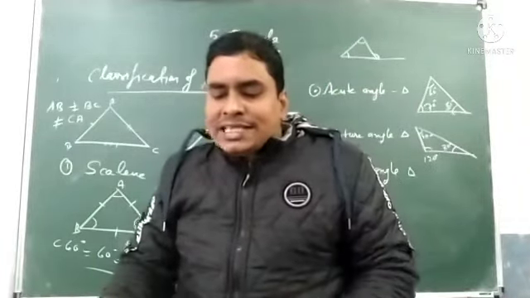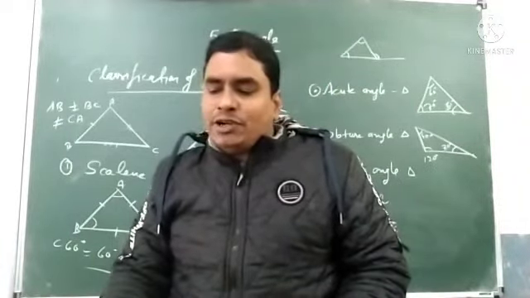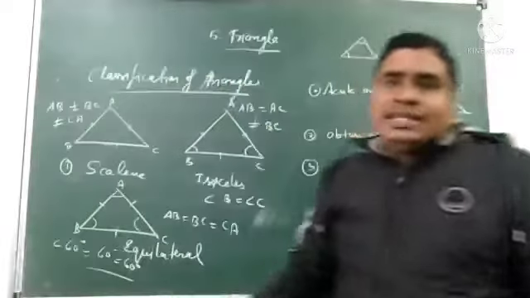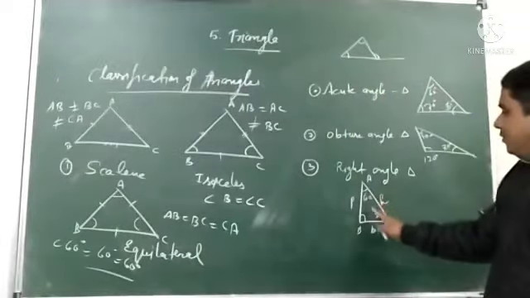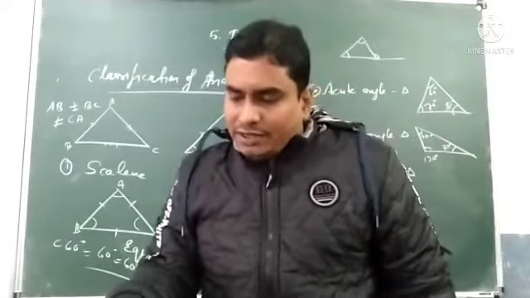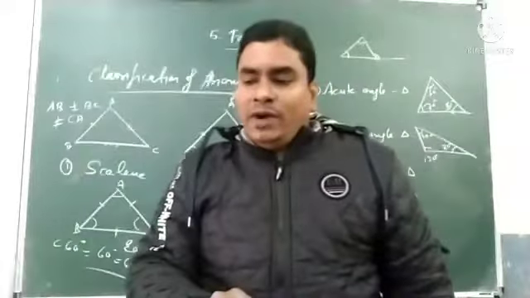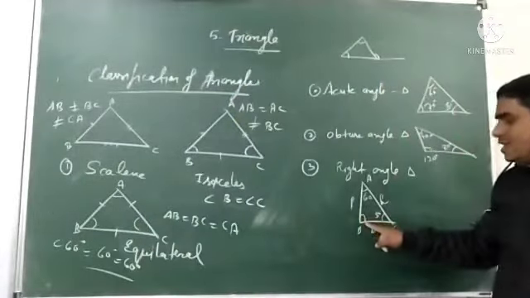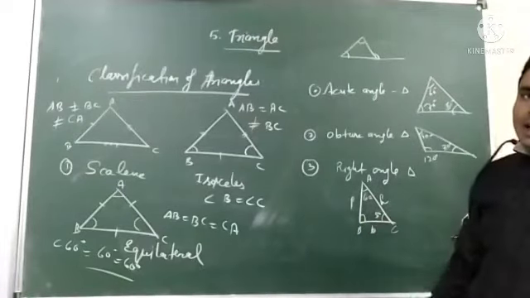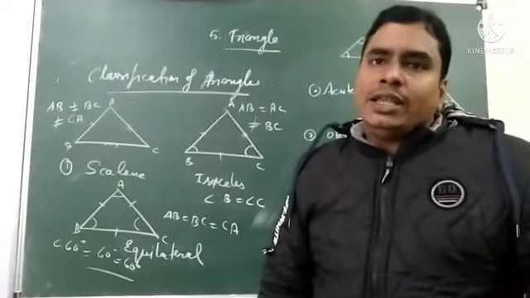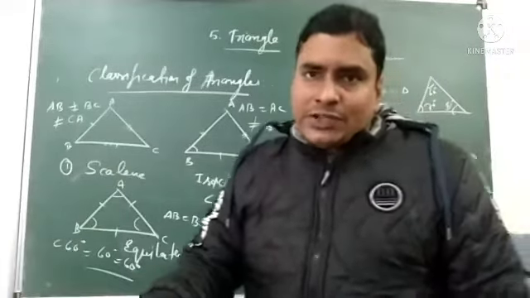Last part: if the sum of two angles in a triangle is equal to the third angle, the triangle is a right angle triangle. True. See here, in a right angle triangle, one angle is 90 and the other two are less than 90, so their sum will be equal to 90. So it is true.